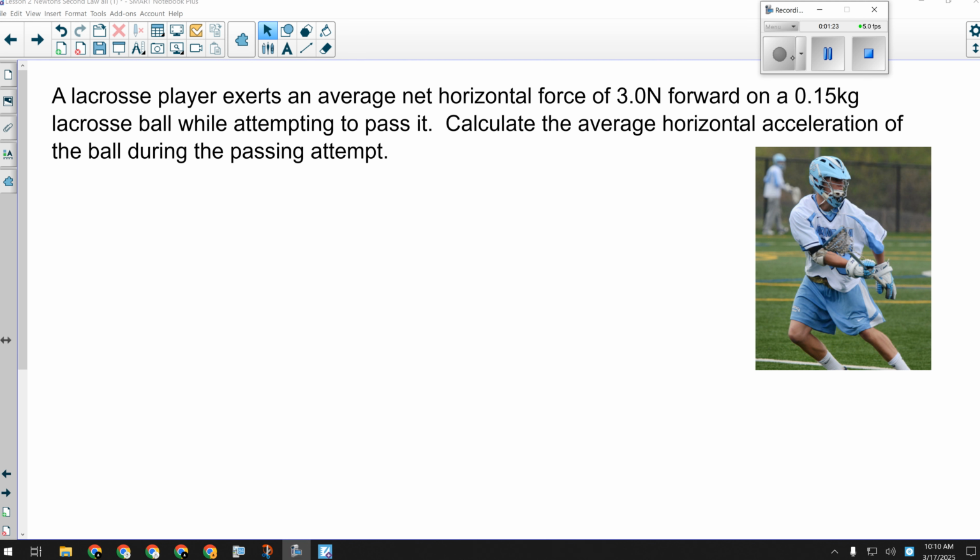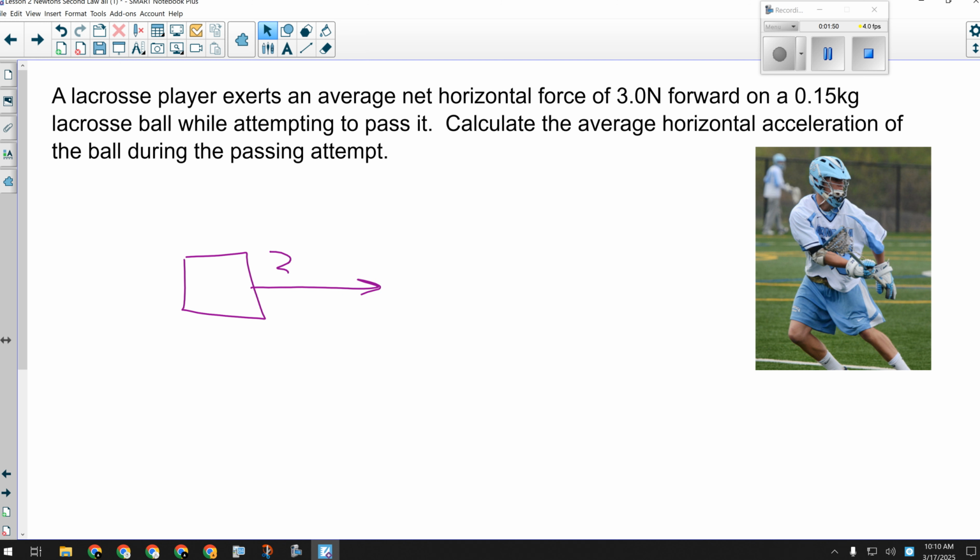Okay, let's quickly go over this one. So, a lacrosse player exerts an average net horizontal force of 3 newtons. What did they give me there? Net force. They outright said average net force. They said it was horizontal only to basically tell you, hey, there's nothing to worry about vertically speaking.